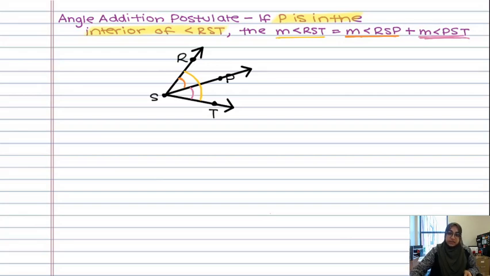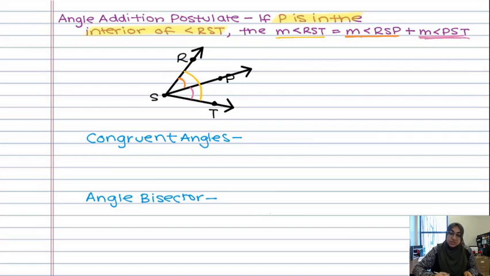And finally, our last two vocabulary words are congruent angles and angle bisector. Now think back about the word congruent to segments that were congruent. Congruent segments were segments that had the same length. So congruent angles are angles that have the same measure. So angles with equal measure.